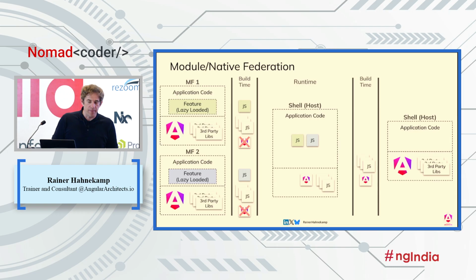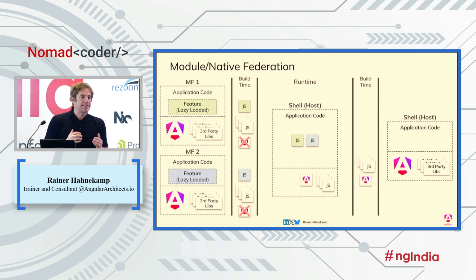It should be one. And what happens now is that this chunk will tell the browser what kind of dependencies it has. So it will, for example, in our case, say, I want to import Angular, I want to import Angular Material, I want to import the NgRx signal store.